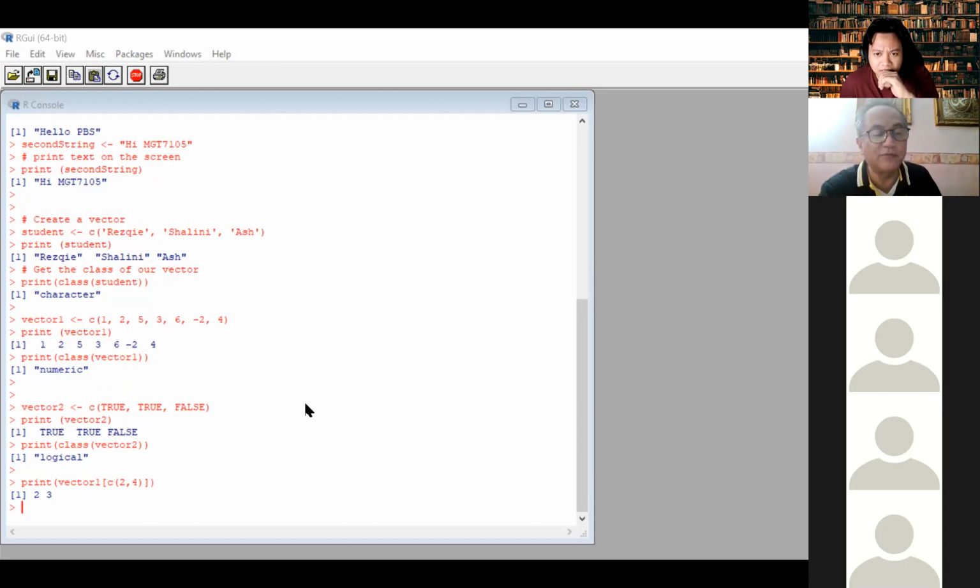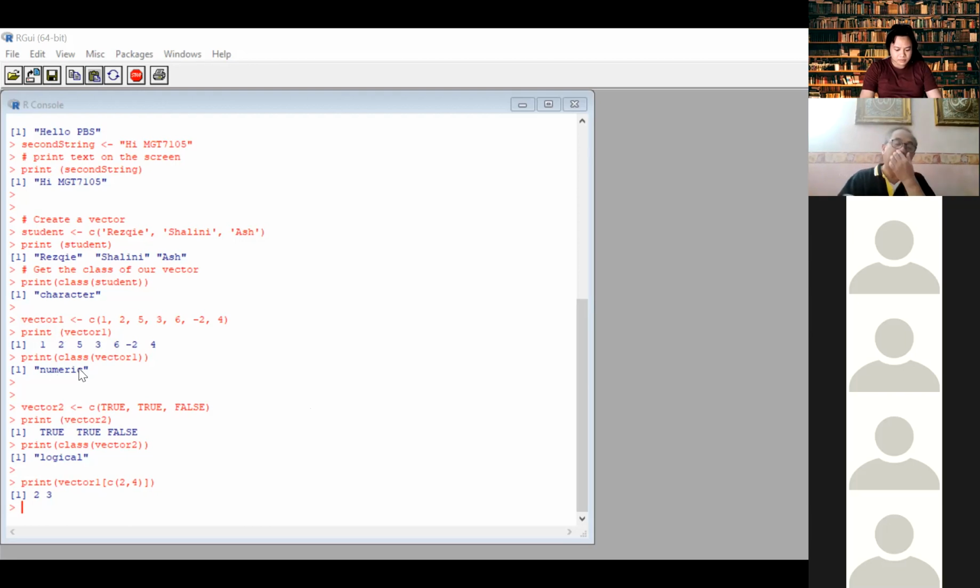This is when you call the vector: print vector 1, C in a square bracket, C 2, 4, meaning that we are calling the second position and the fourth position. So 2 and 3: 1, 2, this is the second position, 3, 4, this is the fourth position. So it will call number 2 and number 3. The vector here is numeric.